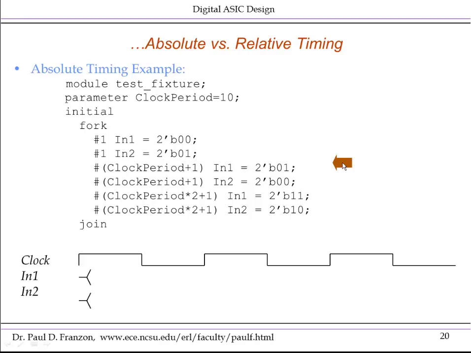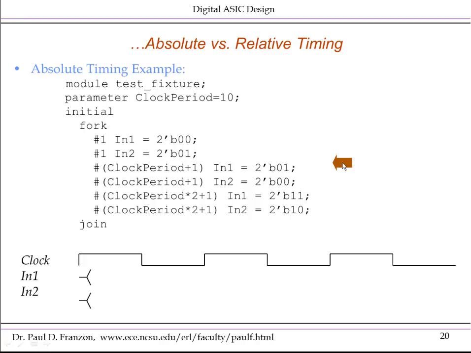An alternative is to use fork join. In fork join, the code between the fork and the join is not executed in series. It's executed as if the statements were in parallel. It's not synthesizable.